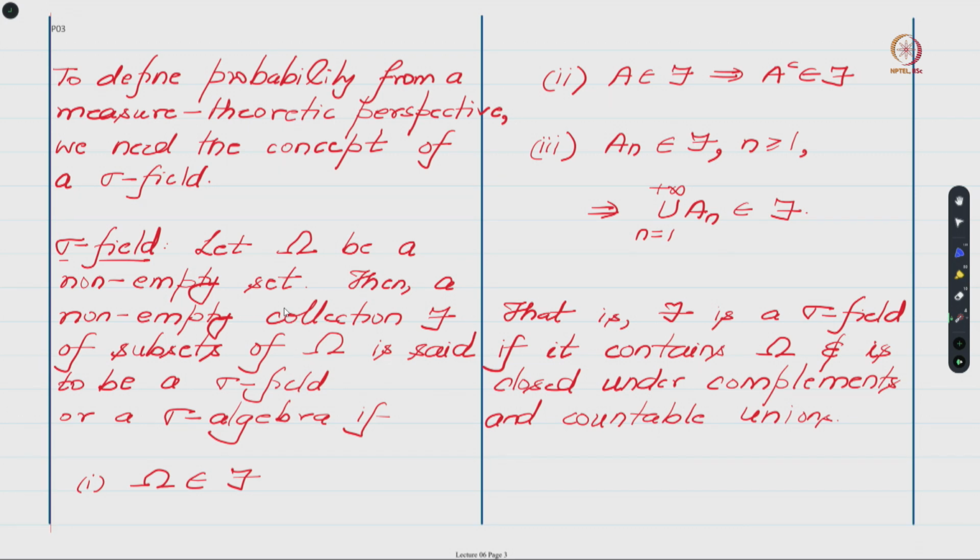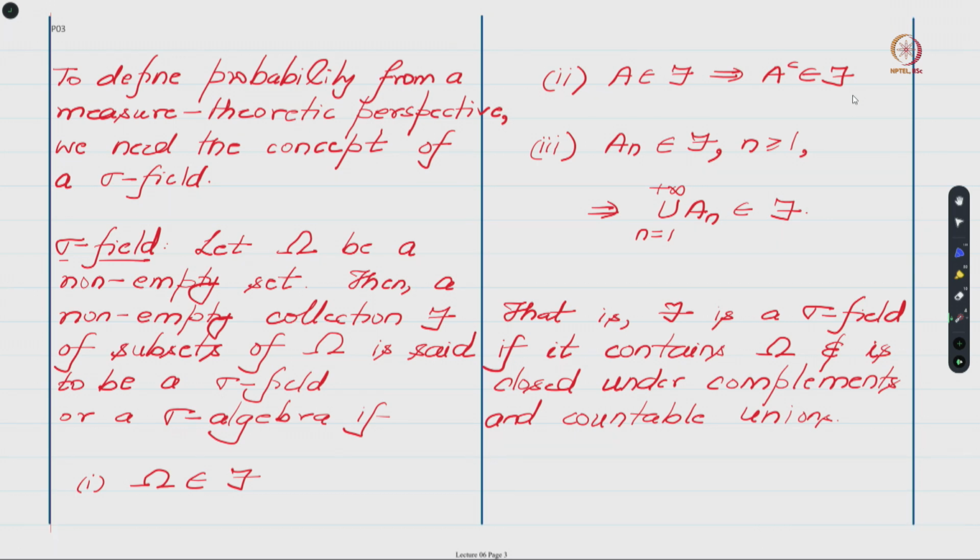Then a non-empty collection F of subsets of omega is said to be a sigma field, or equivalently a sigma algebra, if this collection F satisfies three properties. The first property is that the sample space omega should be in F. The second property is that if A belongs to this collection, A complement should also belong to this collection.